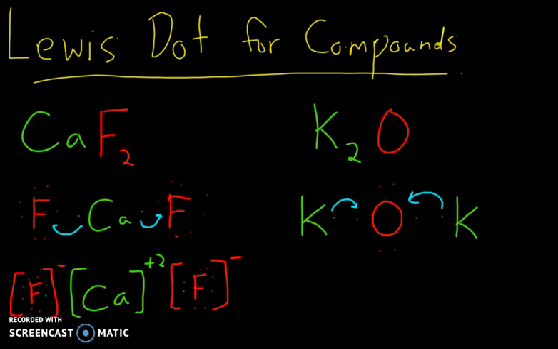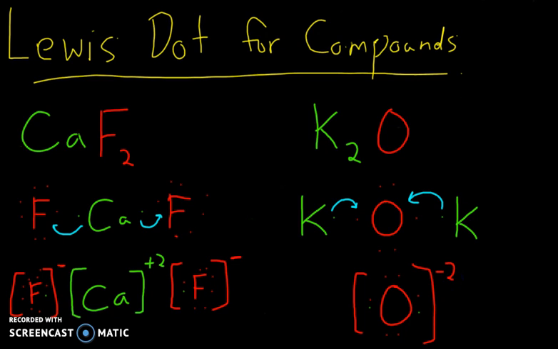For our other example, we've got our oxygen that has 1, 2, 3, 4, 5, 6 valence electrons it had before, and then it's got those 2 electrons it gained from potassium. So then we go ahead and draw our brackets, and it now has a charge of -2 because it's gained 2 electrons.